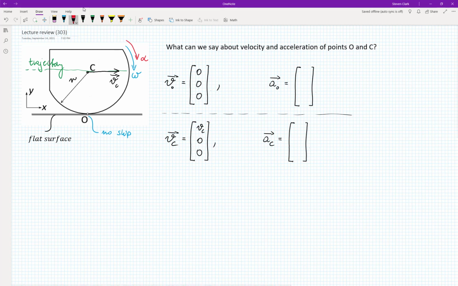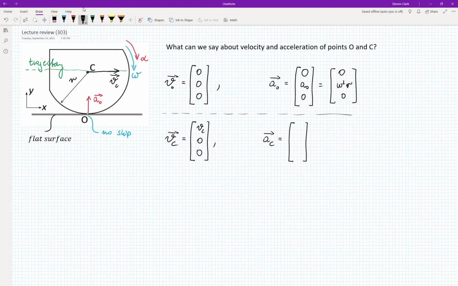So acceleration of point O will be pointing in this direction. No slip at point O means that the velocity is zero here only, but not the acceleration. And if you solve that problem, you will obtain A_O equal to omega squared R, just as a digression.